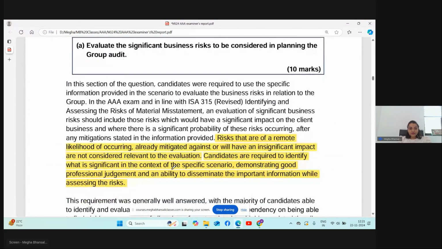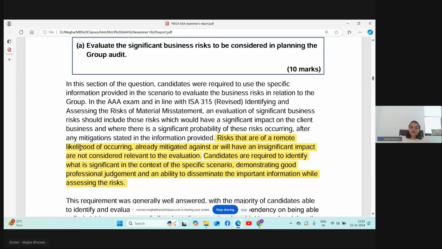Then, moving on. The first question asked us to identify business risk. Now, what are the problems with business risk? Risks that are of remote likelihood of occurring, already mitigated against, or will have insignificant impact are not considered relevant for evaluation.